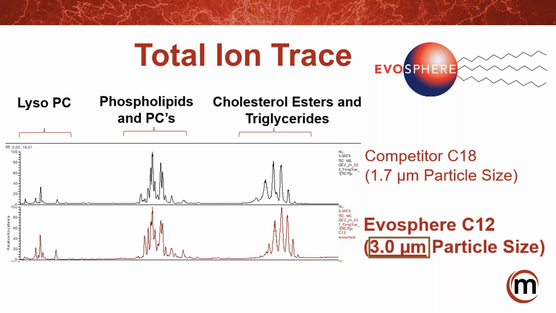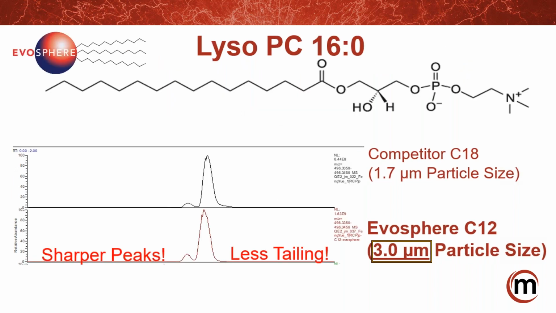You have lysophosphatidylcholines, phospholipids and phosphatidylcholines, and you have the cholesterol esters and the triglycerides. You can look at the intensity, you can look at the number of peaks, you can look at a lot of stuff here. But all in all, it was surprisingly better. And that was really what we're going to be showing here.